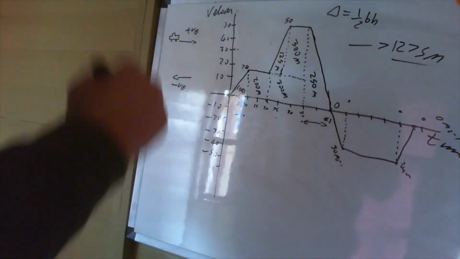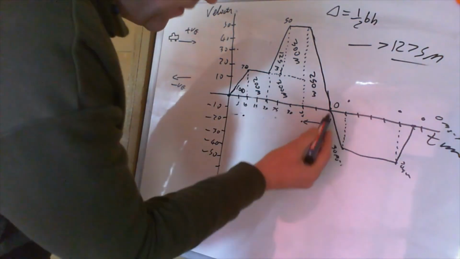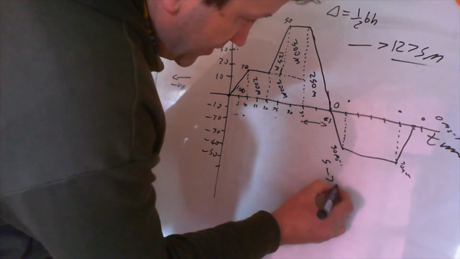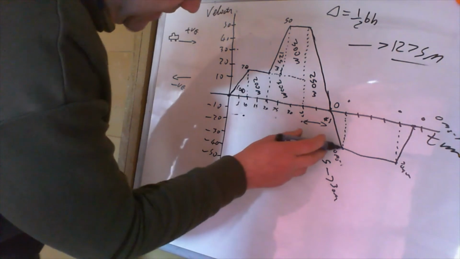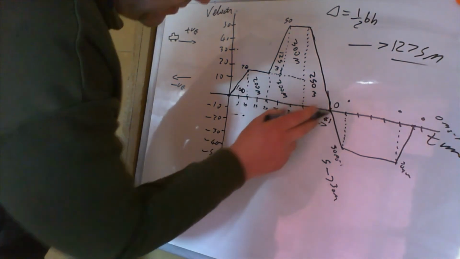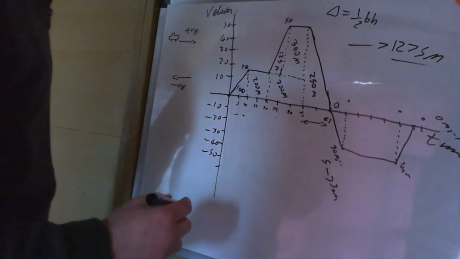And then coming back, he turned round and he went, in 5 seconds, to 30 meters per second. So that's 30, and that's 5. But we do, again, half the base times the height because it's a triangle.